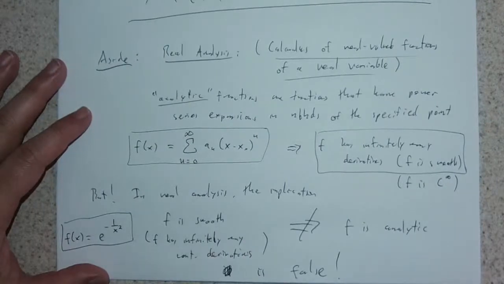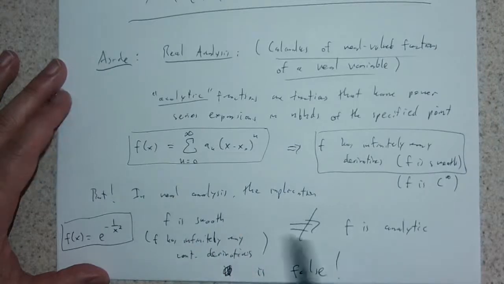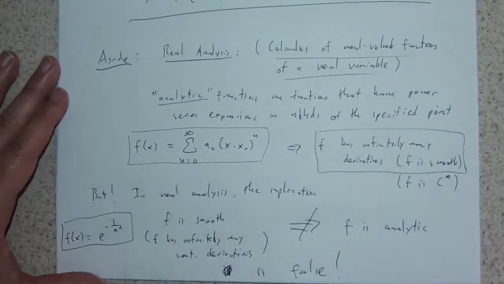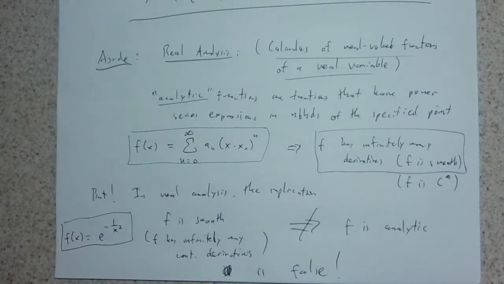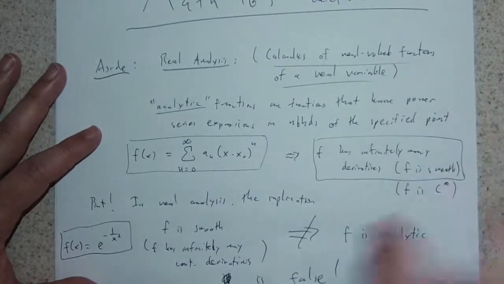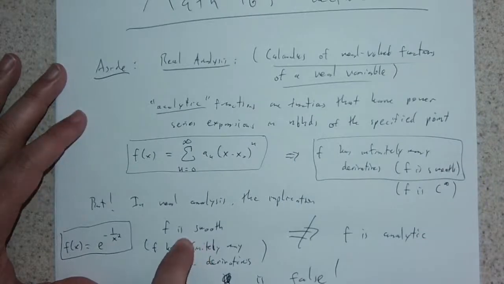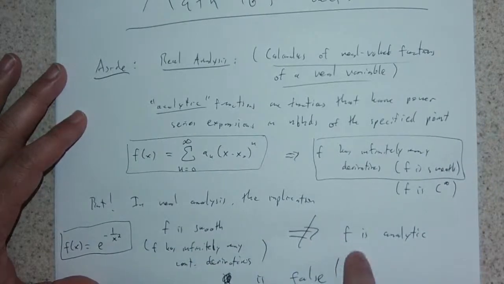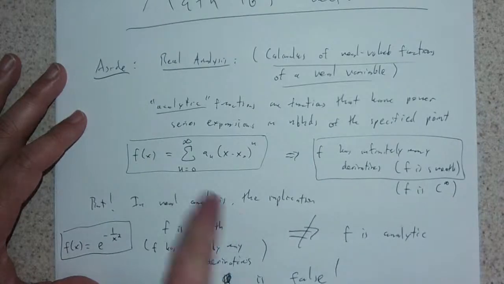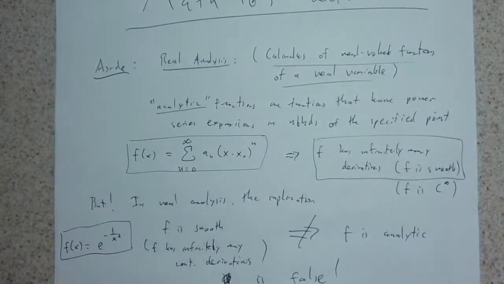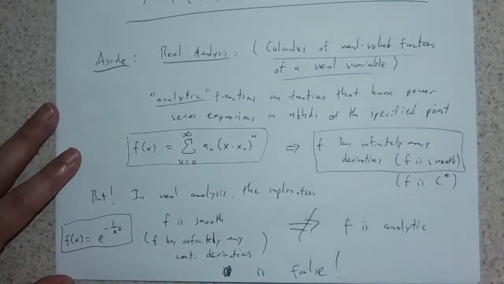Being smooth, that is having infinitely many derivatives, does not guarantee that the function has a power series expansion near some specified point. And so, because of that, even having infinitely many derivatives is not enough to guarantee a function being analytic in real analysis. Although the other implication is immediate. So the other direction is something that you do get, but you don't get this direction. So even having infinitely many derivatives doesn't mean you're analytic.